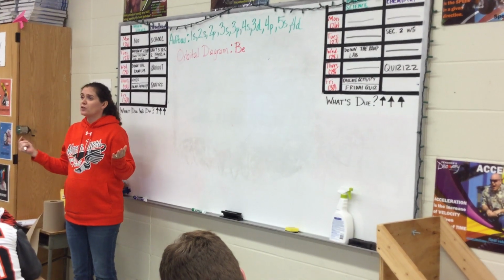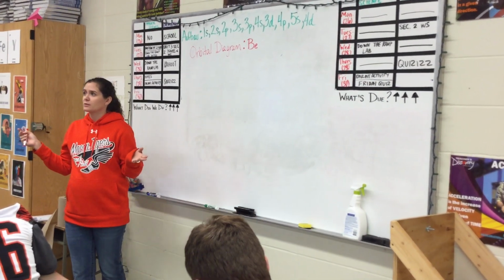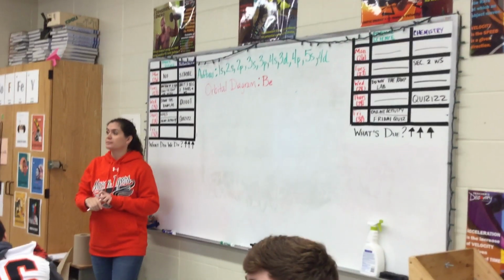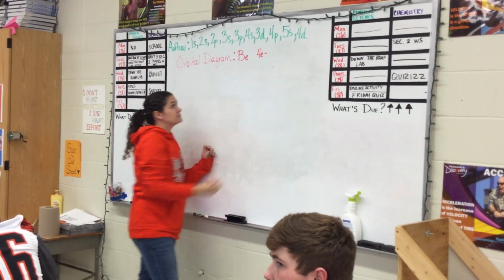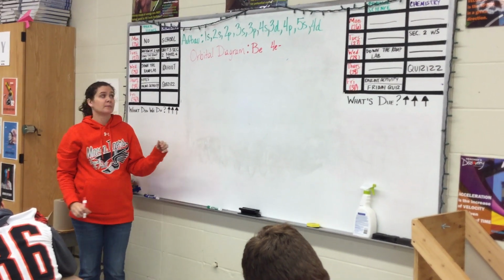And the first thing you need to know if you're going to make an orbital diagram is how many electrons are in beryllium. 4. You guys all see it up there? Beryllium has 4 electrons. So 4 electrons is all we need to place in the diagram.